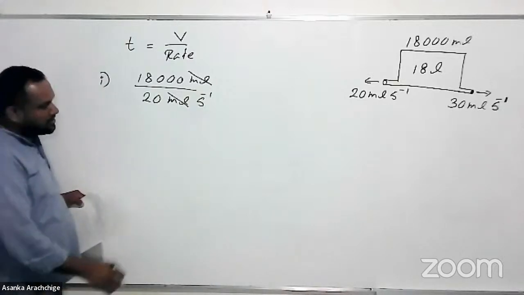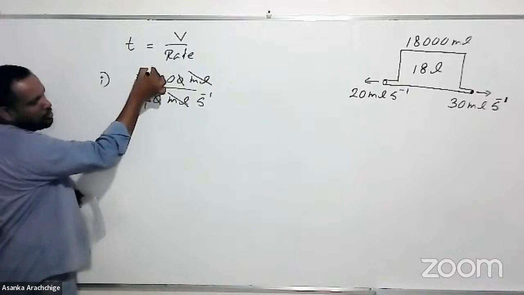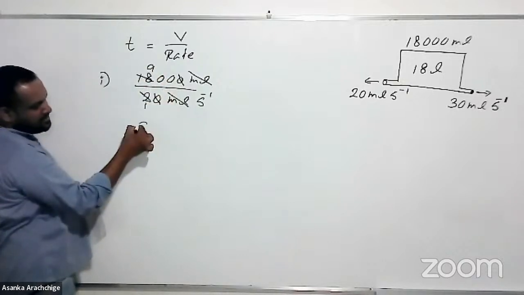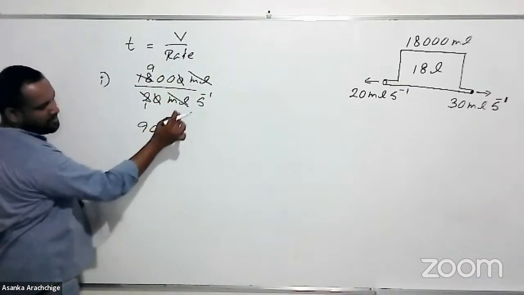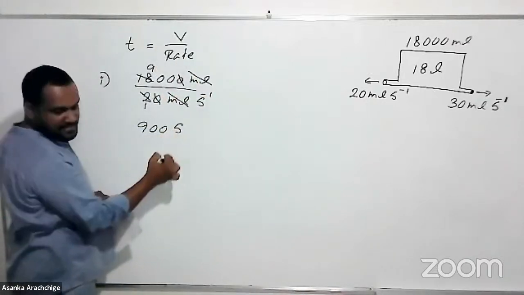Milliliters can be cut. 0, 0, 2 times 1, 2 times 9, that is 900. S to the power minus 1 goes up as S.